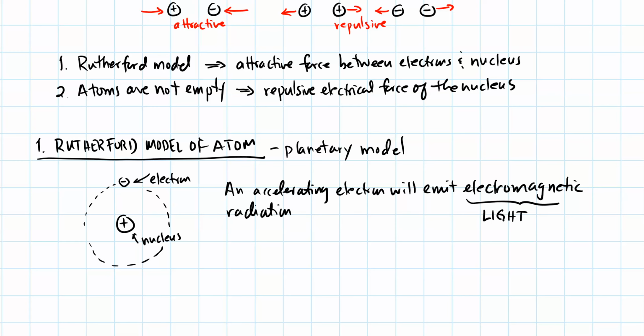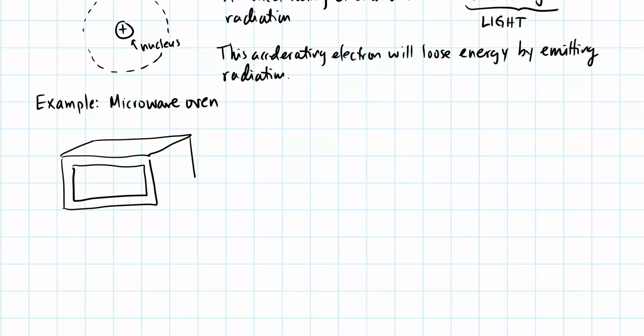A microwave oven, when you look at it, we imagine that we have a metal box, and in the back of your microwave oven you have a box. This box is probably the size of a coffee cup, and this is what's called a magnetron.